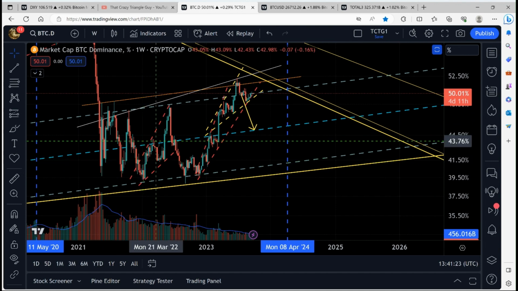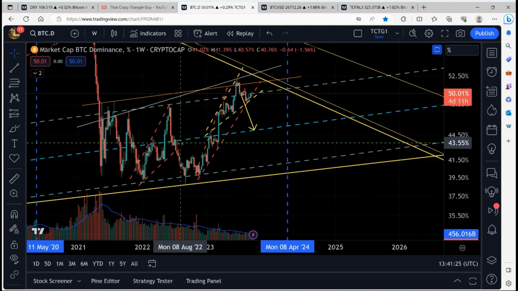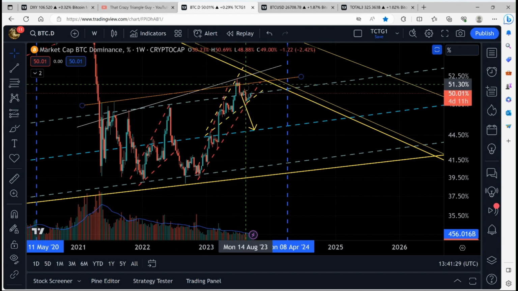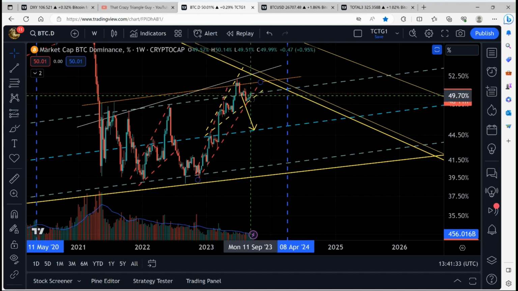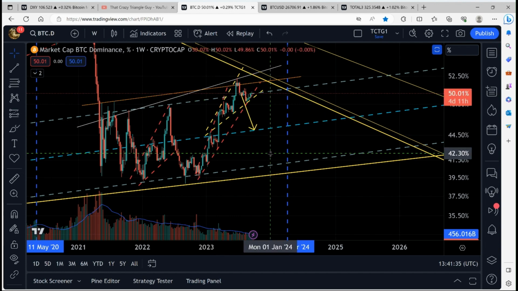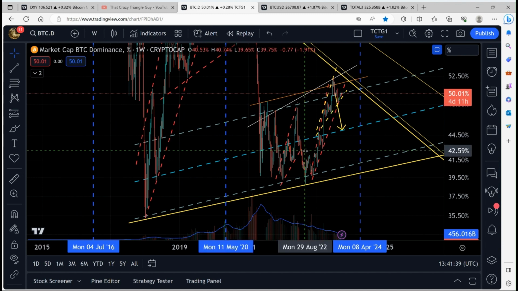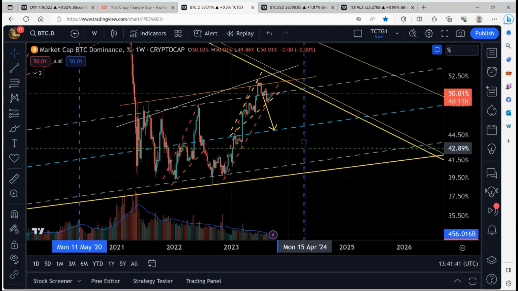Bitcoin just fills up these cups and then dumps. Currently, we're filling up this cup and then filling up a second cup inside the first cup, similar to back here.